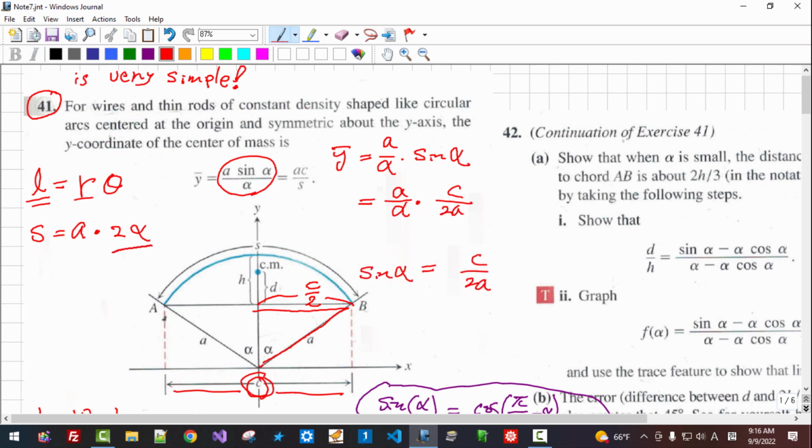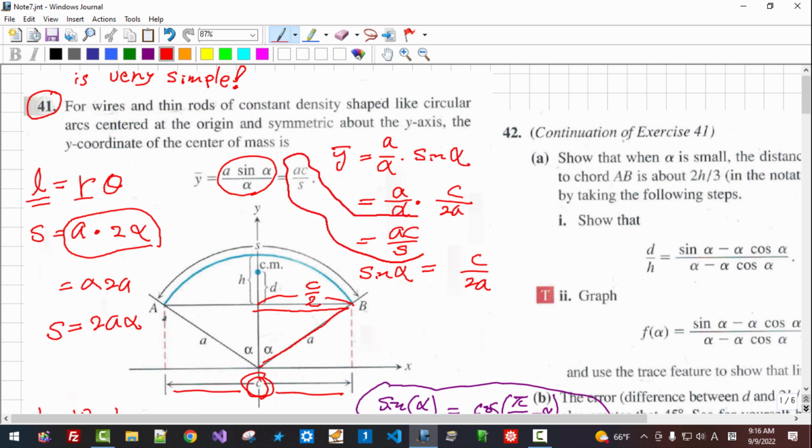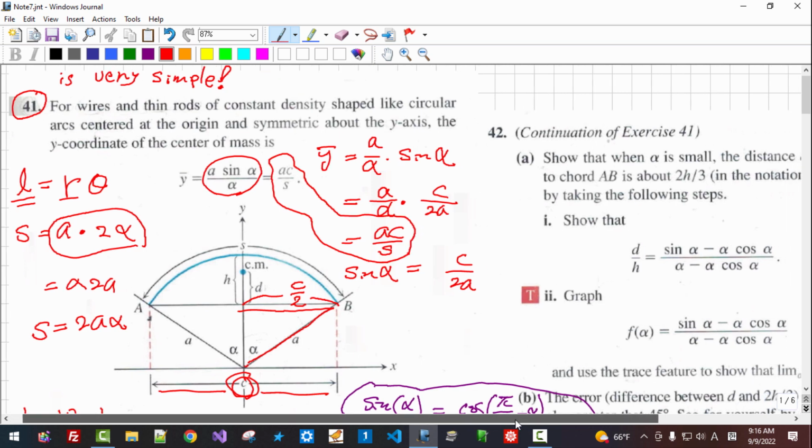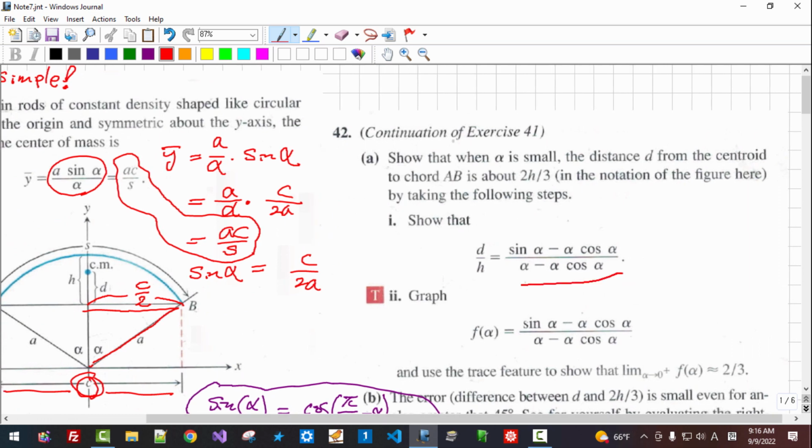We computed that 2A alpha is S. So alpha over 2A is 1 over S. A C over S. We derived this relation. I will solve this part in my next episode.